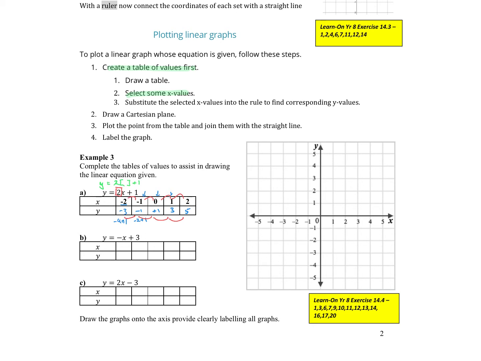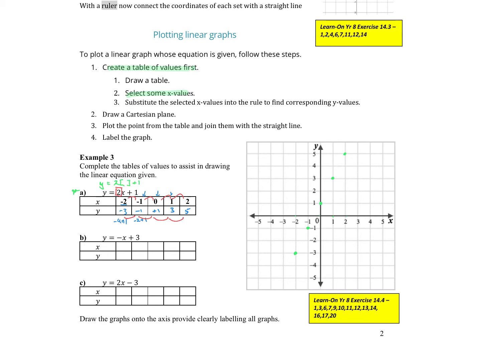So if I plot each of these points, and I'll use a blue line, actually I've got green there, so I'll use a green line. So -2, -3, -2 across and down to -3, -1 to -1, okay, and I've got the point 0, 1, which is 0 across and 1 up. Then I've got 1 across and 3 up, and then 2 across and 5 up.